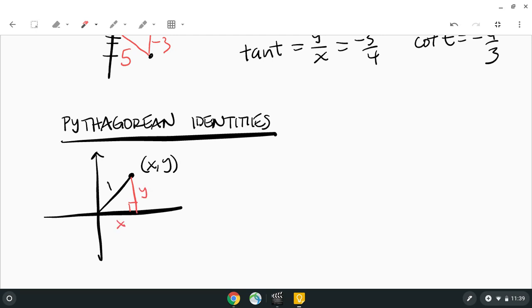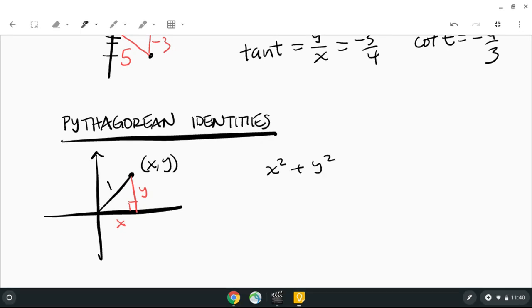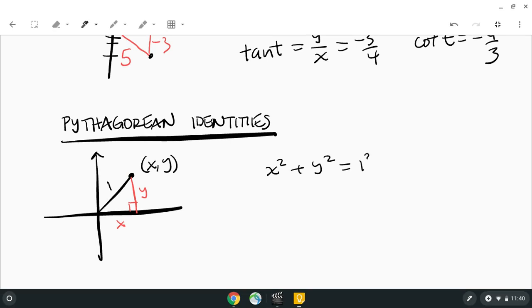Okay, and I can apply the Pythagorean theorem here, and I get that x squared plus y squared equals 1 squared, right? Okay, so x squared plus y squared equals 1 squared, which is what we saw before, right?